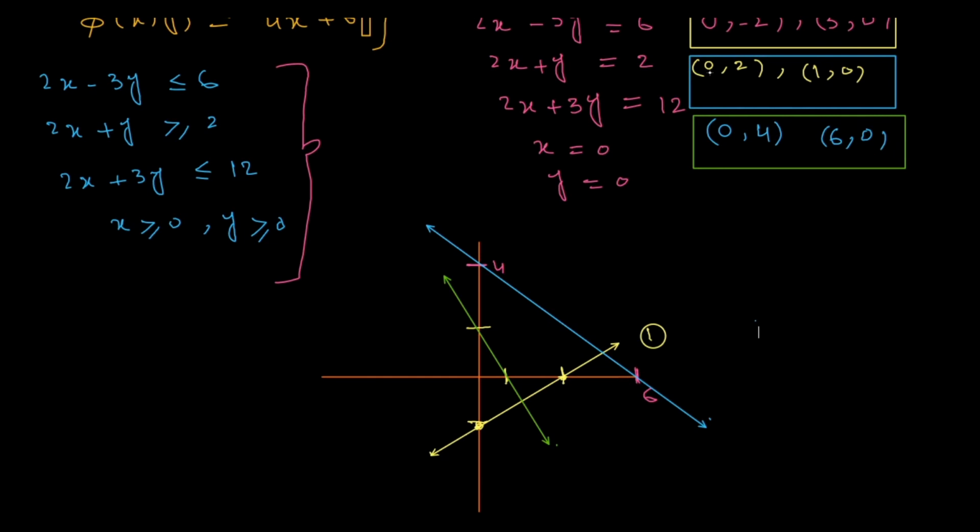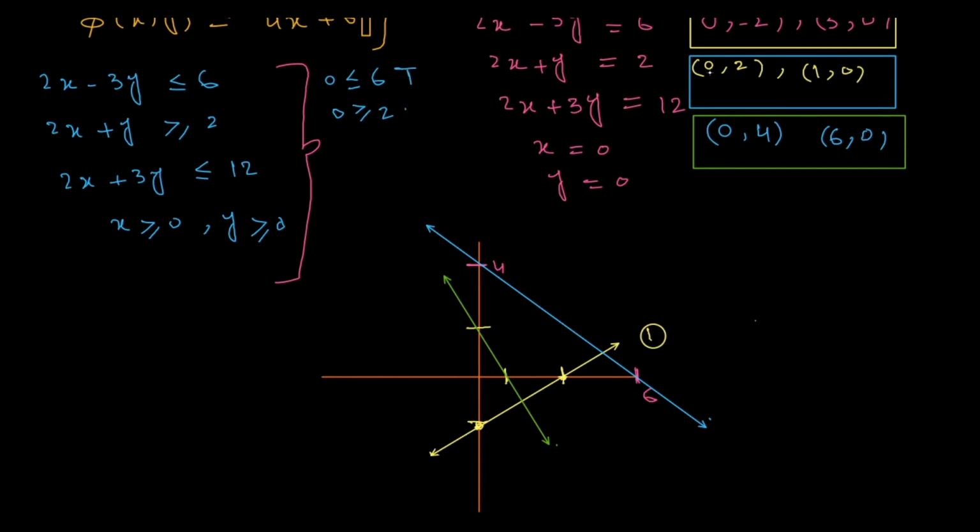If I put x equal to 0 in this inequality, it means that 0 is less than or equal to 6. In a similar way, if I put x equal to 0, y equal to 0 over here, it means that 0 is greater than or equal to 2, and this is false. This is true and this is false.